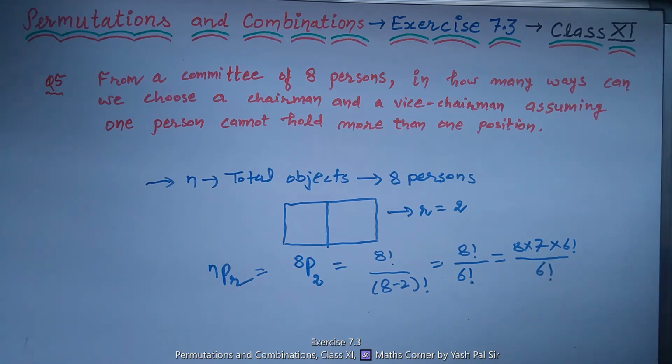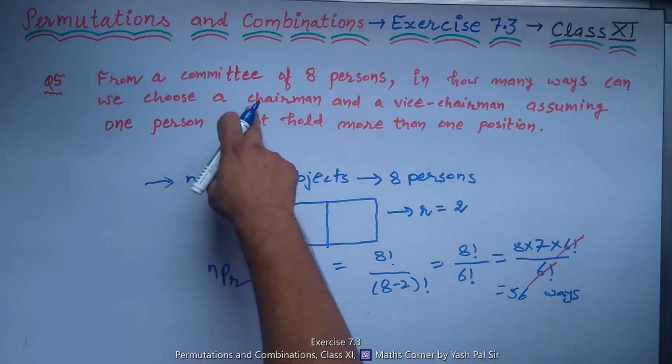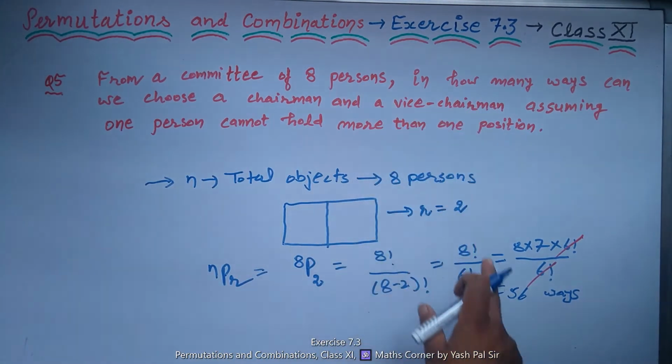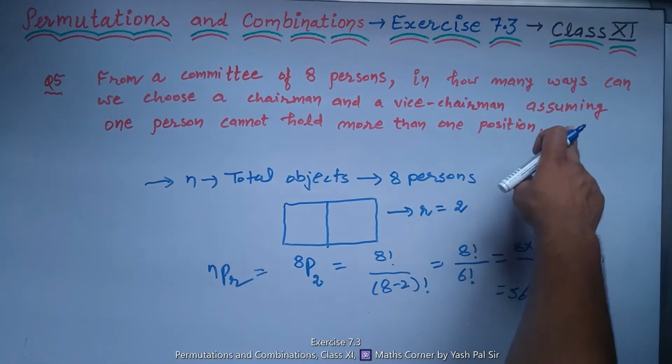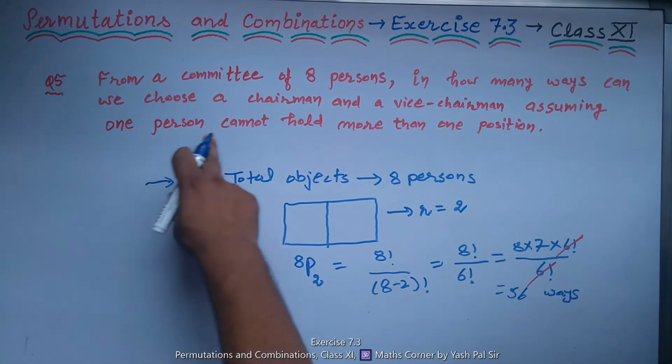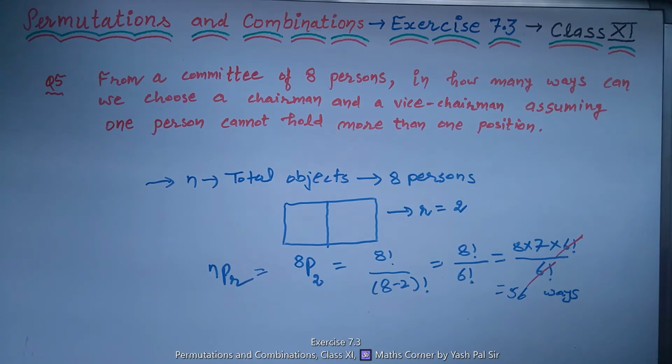So 6 factorial is cancelled, and we are left with 56 ways. So there are 56 ways we can choose a chairman and a vice chairman, because the condition is given that one person cannot hold more than one position. That's all.